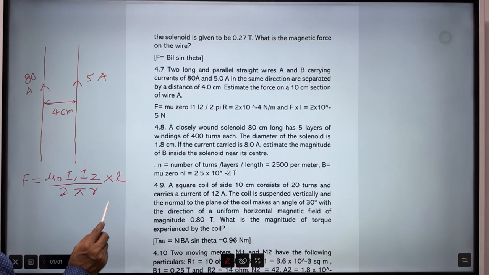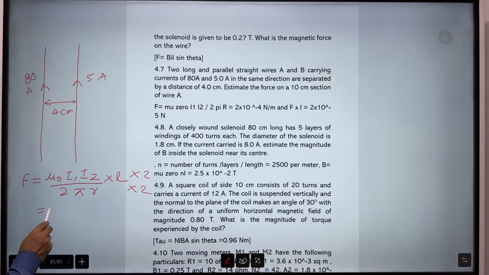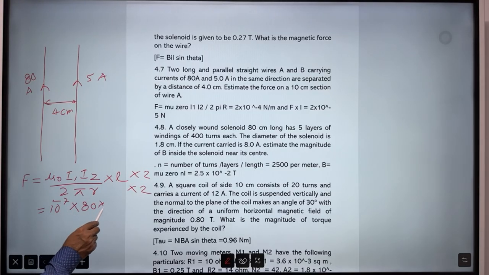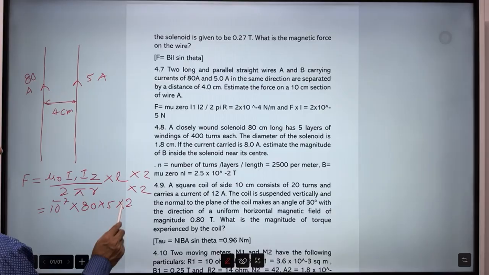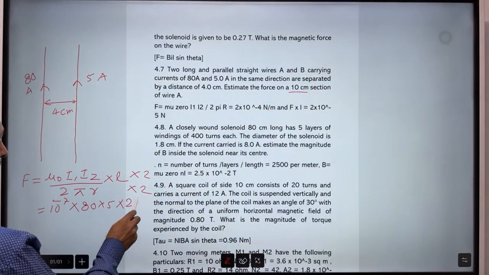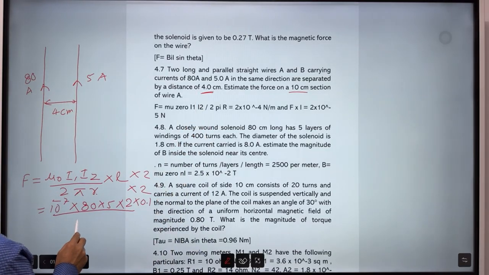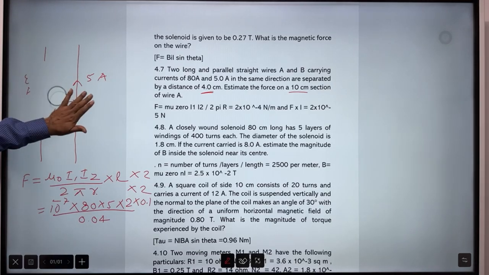So here all information is given, so we can put the values. We can multiply by 2 so that this will become mu naught upon 4 pi, that is 10 power minus 7. Then I1 is 80, I2 is 5, into twice the length. The length is a 10 centimeter section, so 2 into 0.1 meter, divided by r, the distance, which is 4 centimeter, so 0.04, right? Now let's simplify it.